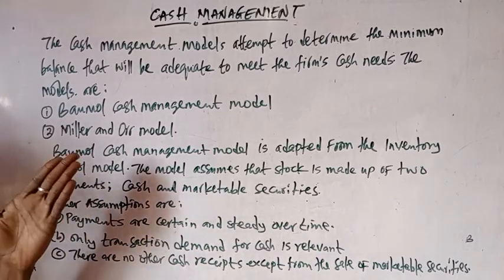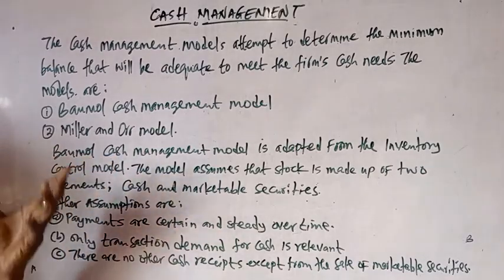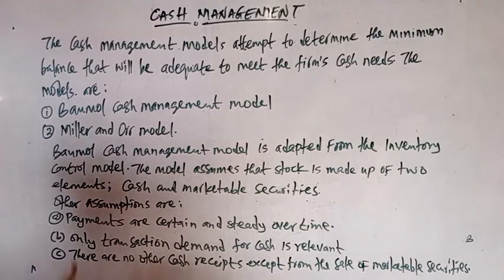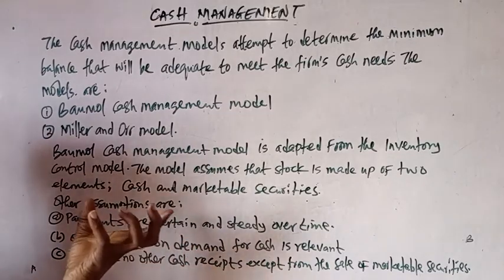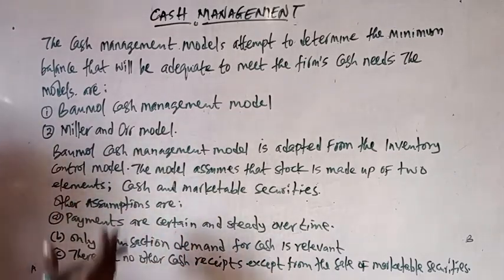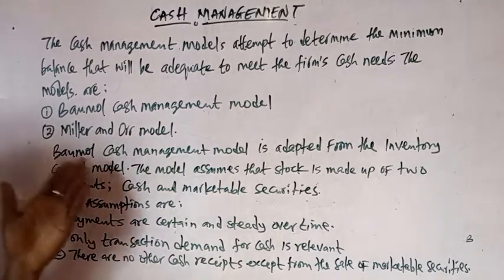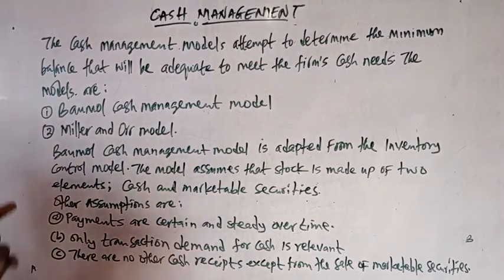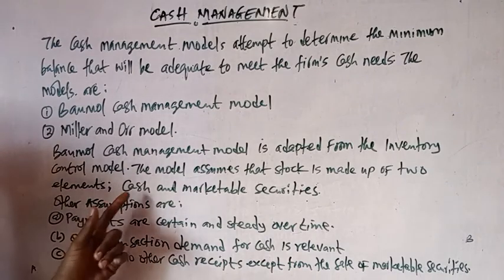You know, we have the deterministic model under stock management, in which the formula that we use is the economic order quantity. Therefore, this Baumol cash model is also adapted from the inventory control model, making reference to the deterministic model.